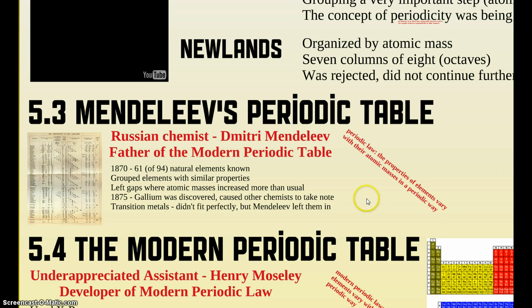He published his first periodic table in 1869, not too much longer after Newlands. We'll call his method Mendeleev's periodic law.